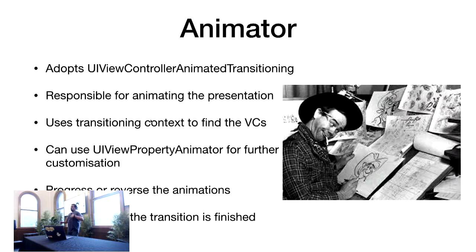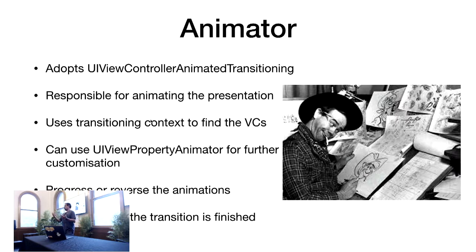And if we want to have a more advanced presentation, say for example the Photos app, I don't know if you've seen in detail when you drag down a photo, it actually starts the transition, and then it pauses until you let go and sends the photo to its original position in the collection view. In that case, we actually need to use multiple UIView property animators, which allows us to pause and advance transitions and also to set different timing curves.